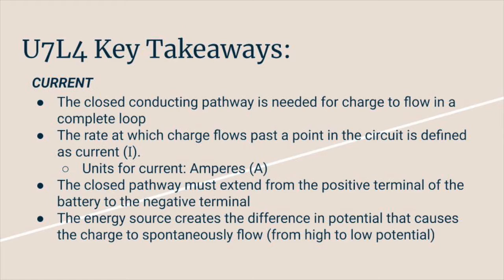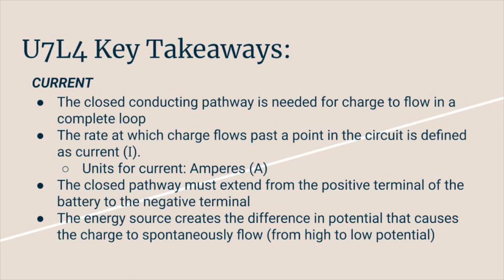The closed pathway must extend from the positive terminal of the battery all the way back around to the negative terminal. Charges are leaving the positive terminal with a certain number of joules of potential energy as determined by the voltage of the battery. When they go through the external circuit, that energy is used by whatever the load is. So that might be a light bulb like we were using yesterday.